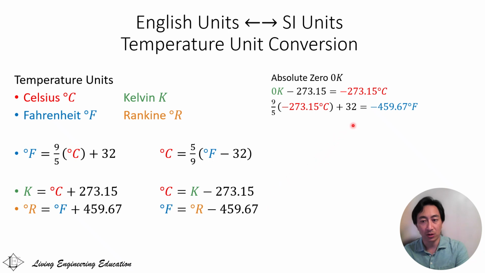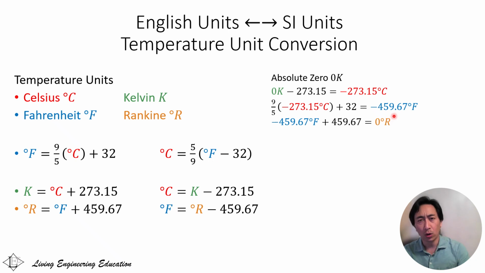Because now when I want to convert between Fahrenheit and Rankine, I plug in negative 459.67, add 459.67, you get 0. So at absolute 0, you have 0 degrees Rankine and 0 Kelvin. And then in Celsius, it's negative 273, and in Fahrenheit, it's negative 459.